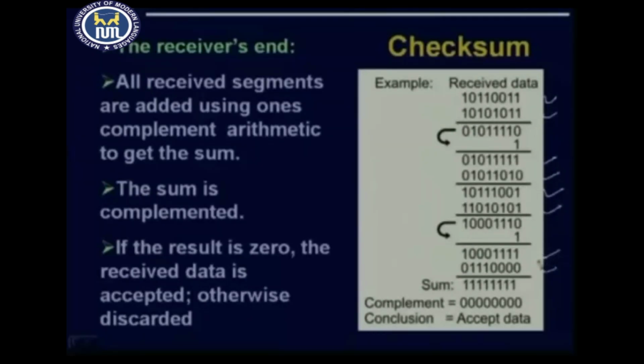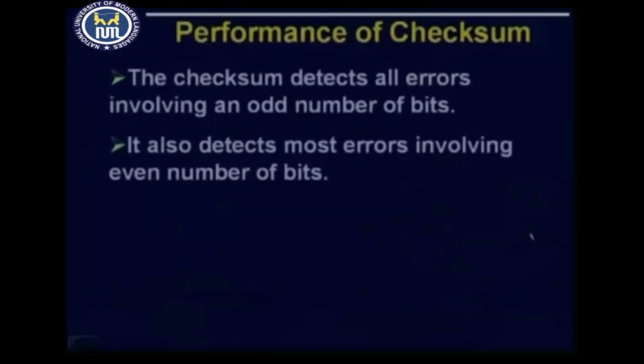Then the additional segment, which is the checksum, is added to the sum. So we'll take the complement. If the result is all zeros, then we assume that no error has taken place, and the conclusion is to accept the data. If there is an error in the complement, then we will not accept the data.